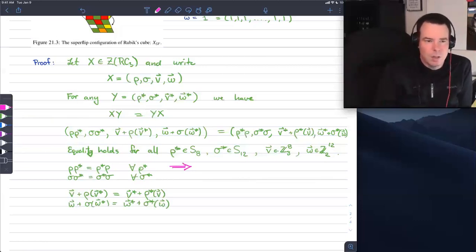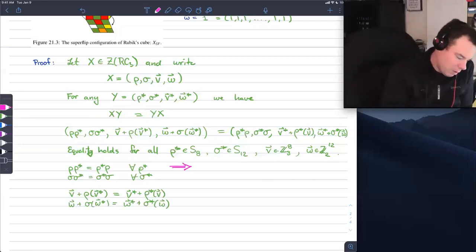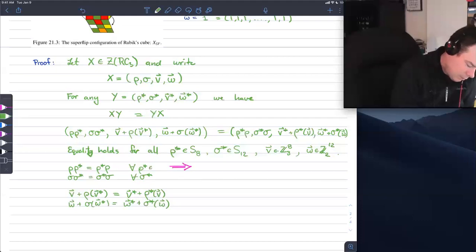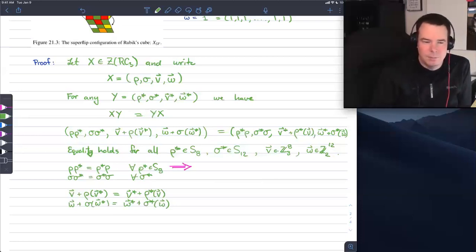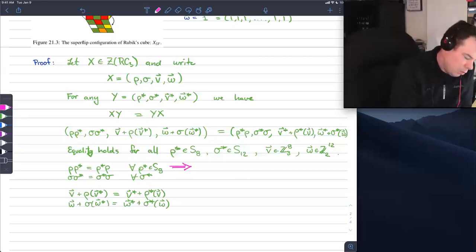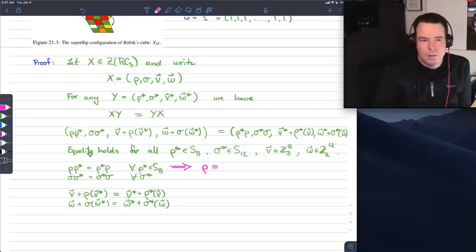This says that rho commutes with rho star, and it has to commute with rho star for every rho star in S8. What permutation commutes with every element of S8? What permutation commutes with every element of S8? So this alludes back to what we proved at the beginning of the course when we introduced permutations.